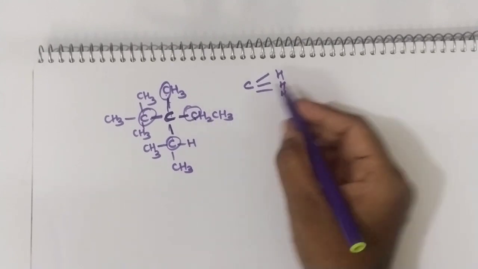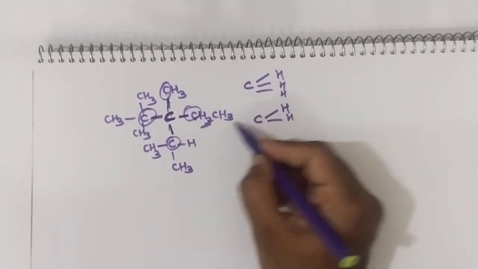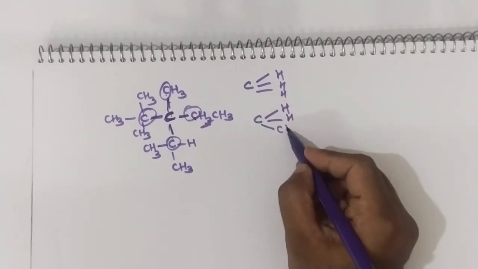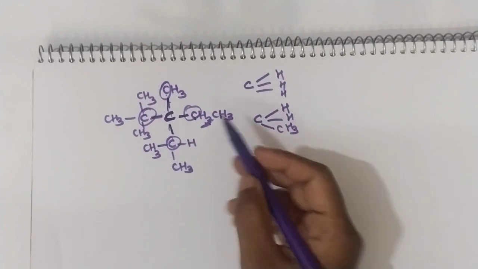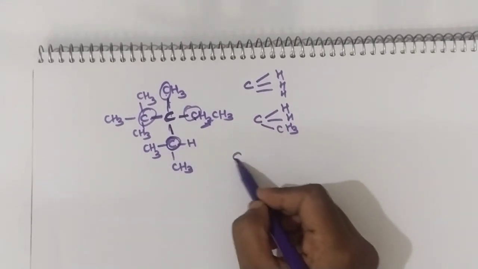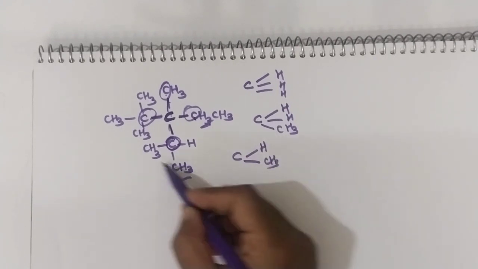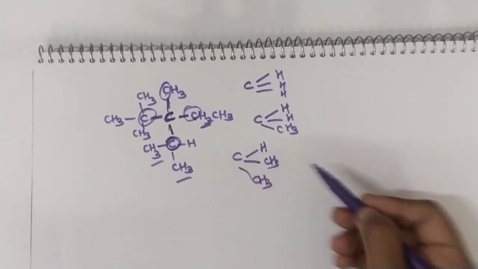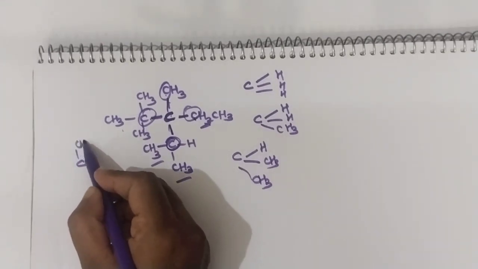But this carbon is attached to 1 hydrogen, another one is a methyl group. Another carbon is attached to a hydrogen, a methyl group, another methyl group. Now, this carbon is attached to 3 methyl groups.